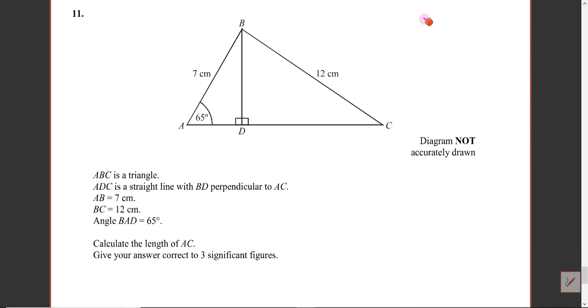Right. Now, do you spot that this question is pretty much the same type of thing, isn't it? So we've got our 2 triangles again. So one triangle is here, and the other triangle is this big one here.